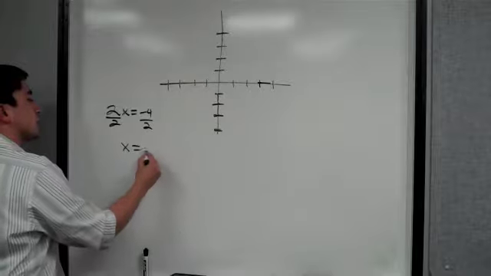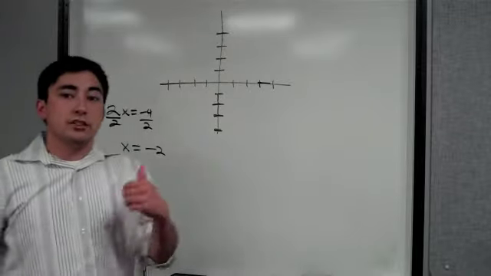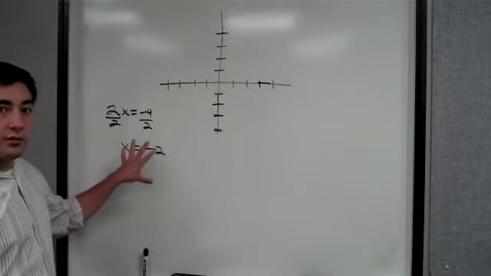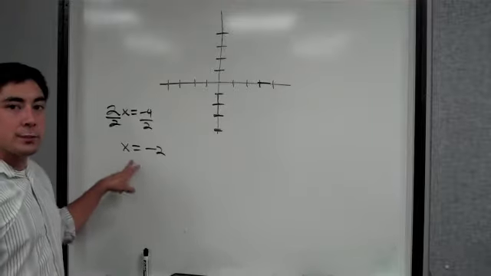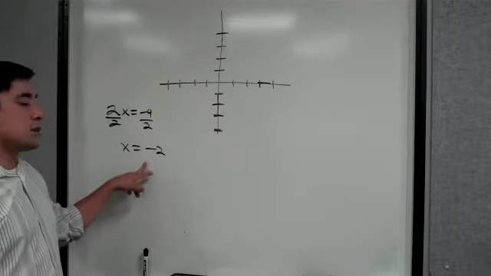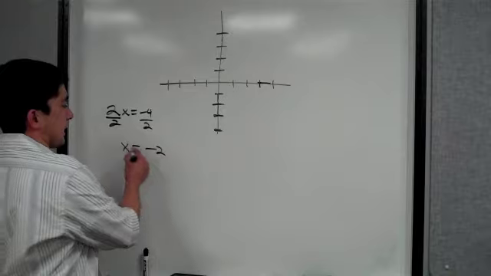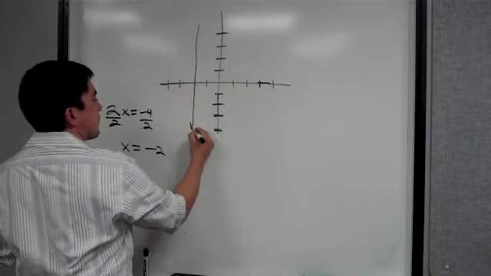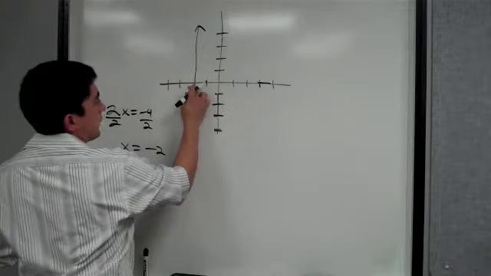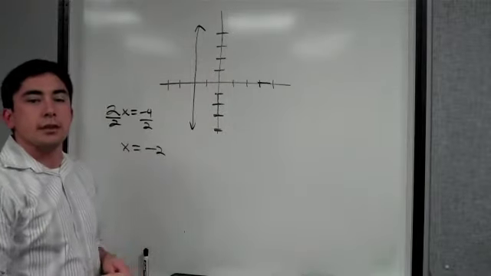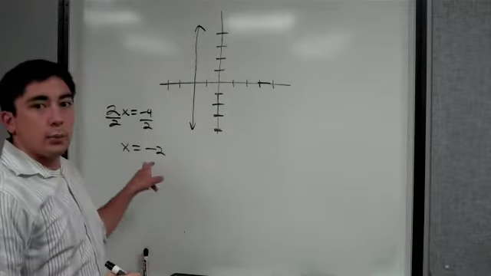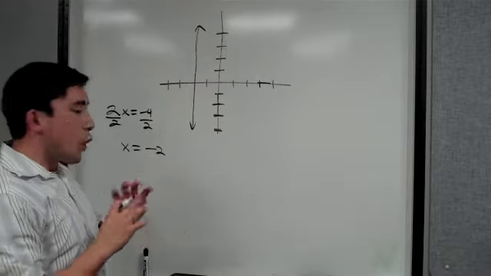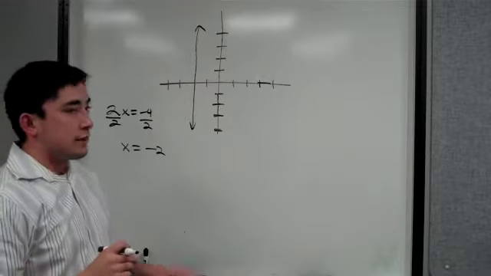You have x equals negative 2. Whenever you have just x, see how there's no y involved? This will 100% of the time be a vertical line. So we go over to negative 2, and we have a vertical line that goes through there. And that's it. Whenever it's x equals with no y value, it's a vertical line.